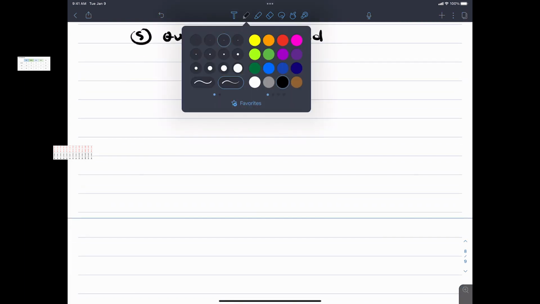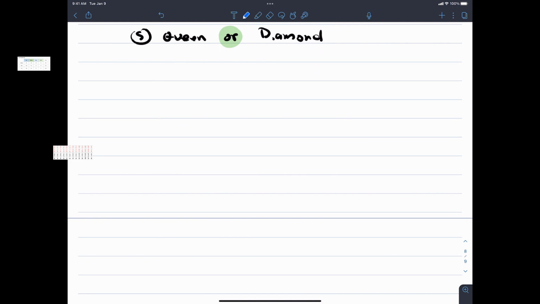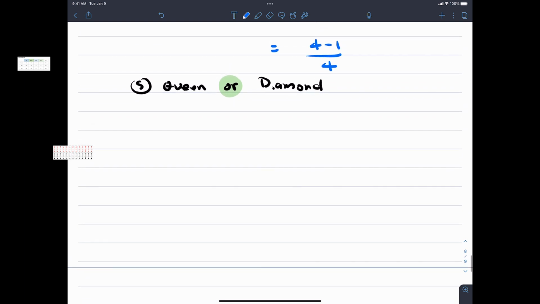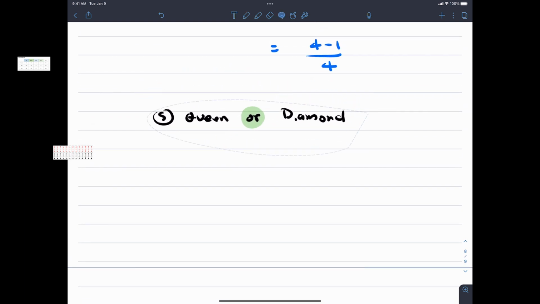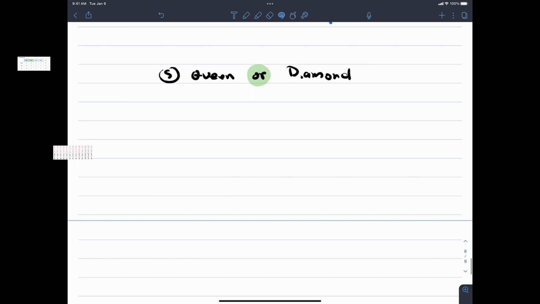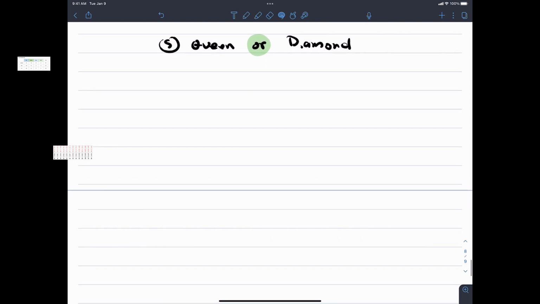How is this the addition rule? Because of the word or. So you're going to ask me, Mr. Judge, anytime you see the word or, do you use the addition rule? What do you guys think? Yes. What is the addition rule? Let's write it down. Probability select a queen or a diamond.